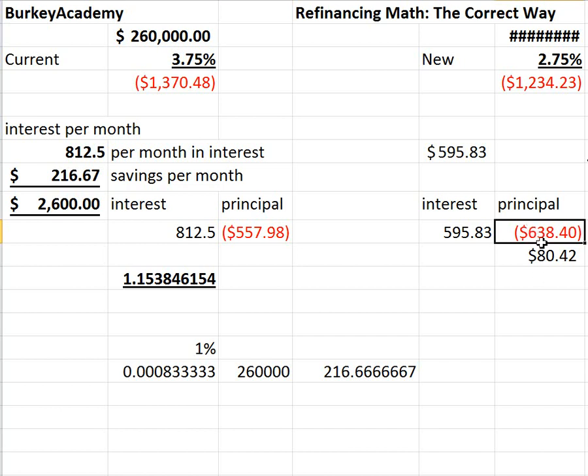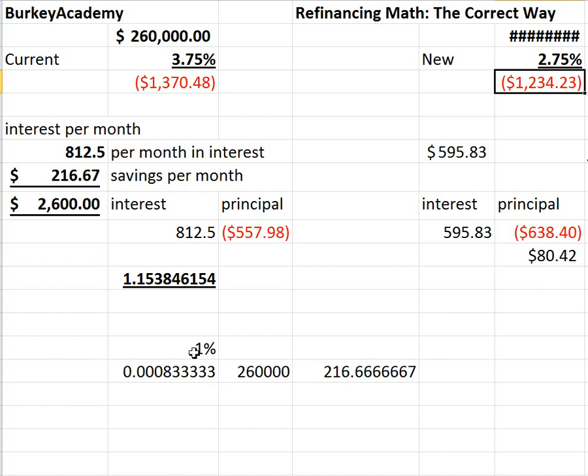And then the next month the interest goes down and the amount of principal goes up that you're paying. That's the way a mortgage works. Every month the amount of interest goes down as you pay down that balance. Every month the amount of principal being paid goes up and up and up until that last payment that you make years from now, almost all of that payment is going to go towards paying down the principal. You won't have much interest because your balance will be so low.